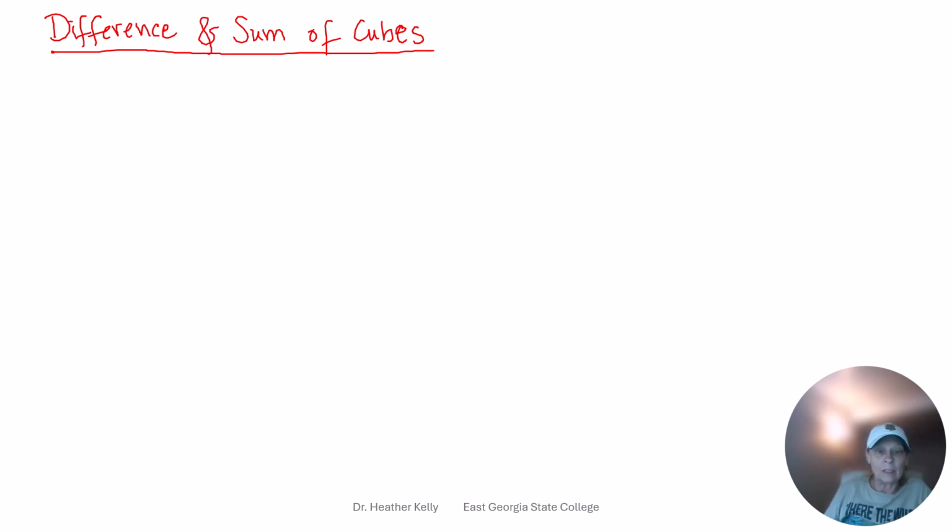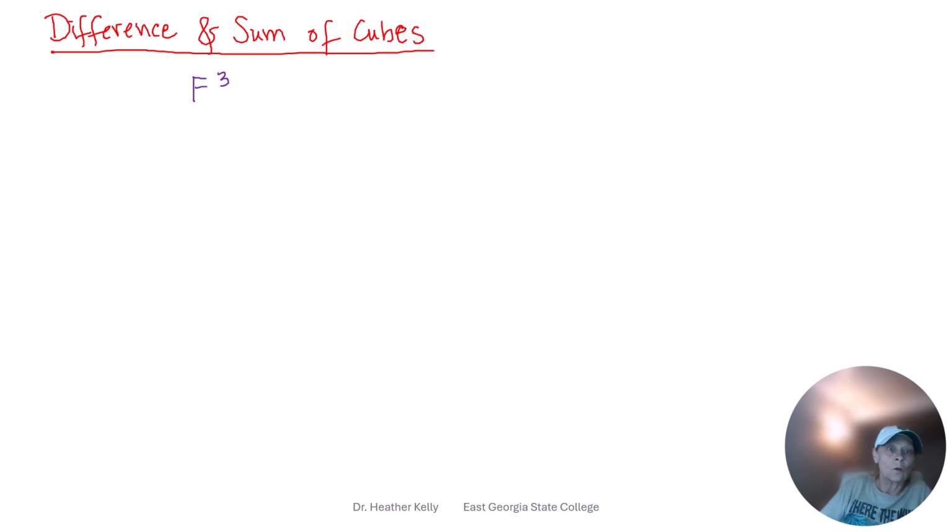Let's look at the difference and the sum of cubes. Now, the formula for the difference and sum of cubes works just the same as the difference in squares, so let me write it out here. It's a little bit longer, so I'm going to write it right here.